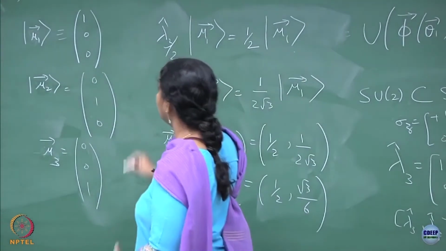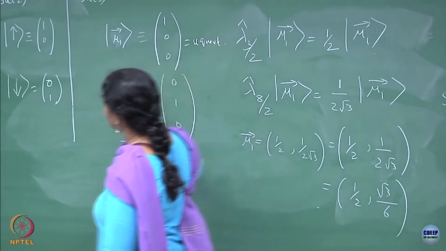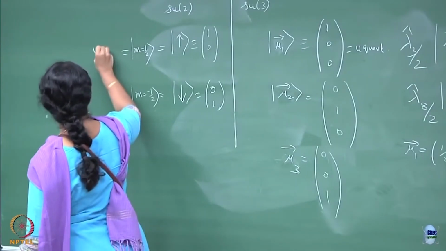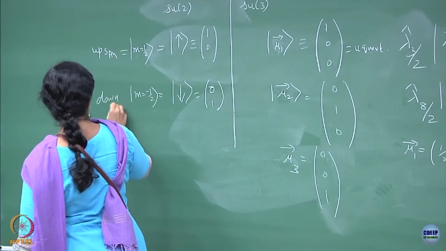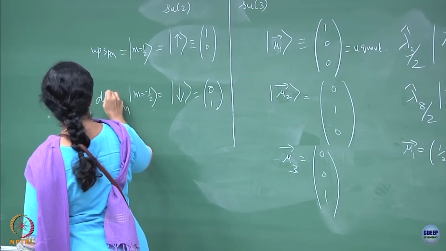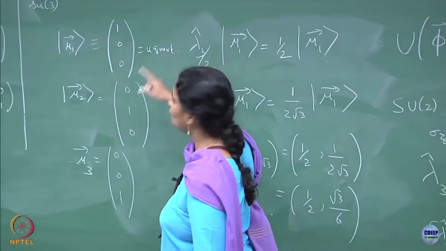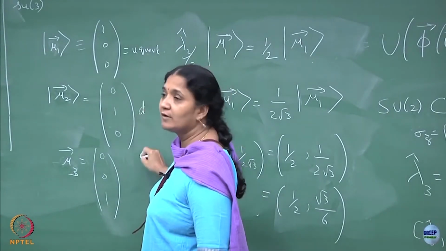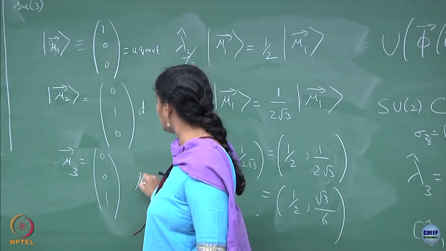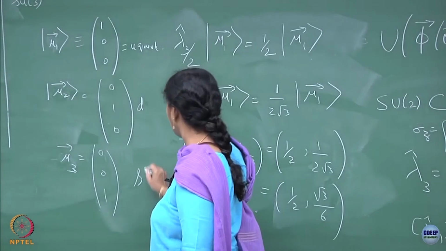He called it the U quark, just like this is called up spin and down spin. He called it the U quark, which is also the up quark, the down quark and the strange quark.